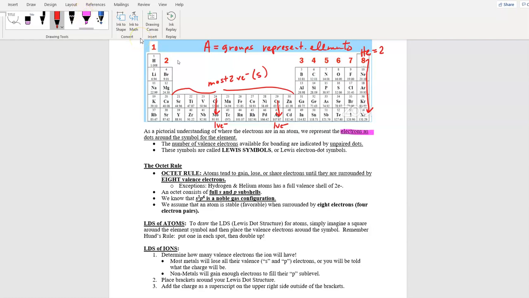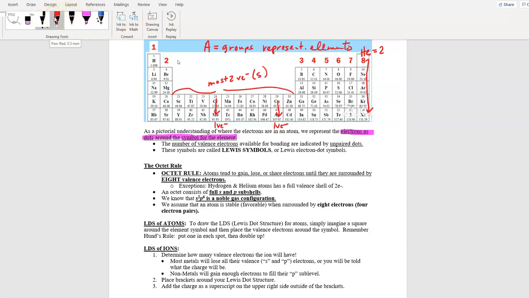And how you put these dots around the symbols of the elements does matter. So whatever valence electrons they have, you use dots.